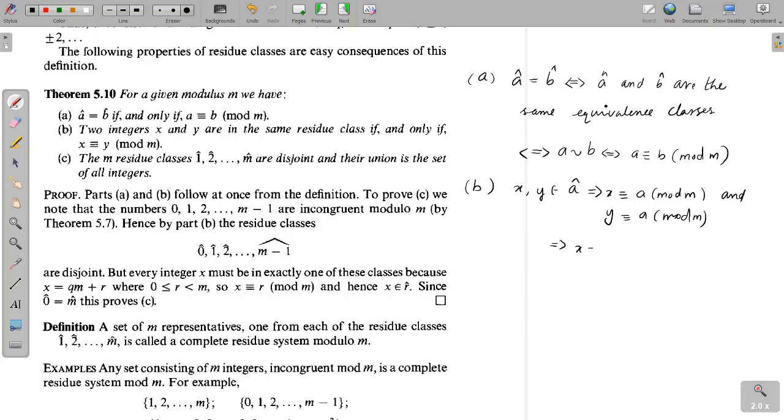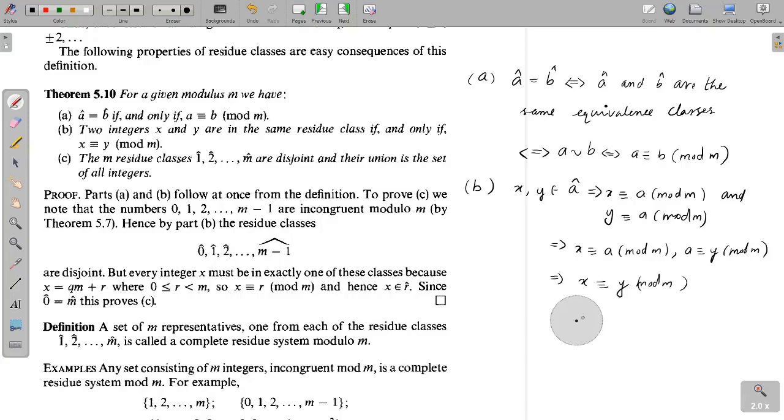So we can get x is congruent to a mod m. On the other hand, you can write this as a is congruent to y mod m due to the symmetry. Using the transitivity on these two congruence relations, we have x congruent to y mod m.